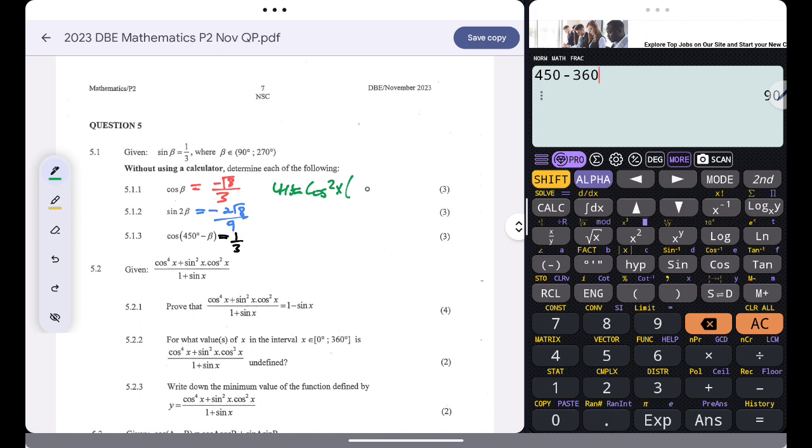Whenever I take out cos squared x, I'll be left with cos squared x plus sine squared x over 1 plus sine x, right? So I'll be left with cos squared x over 1 plus sine x.